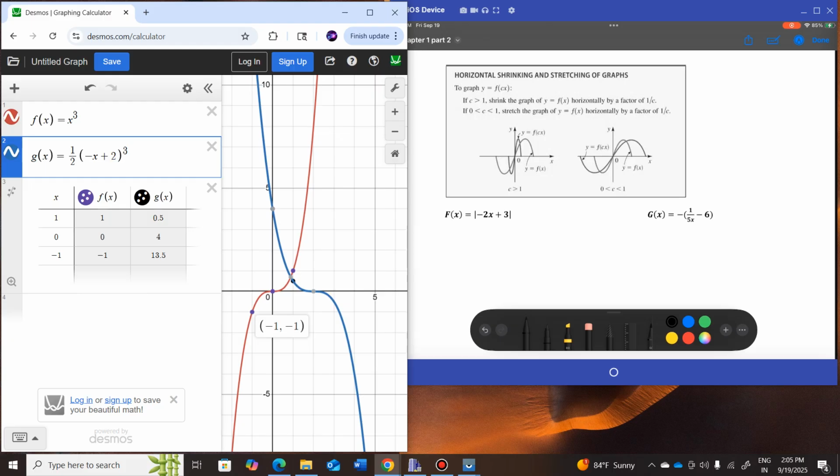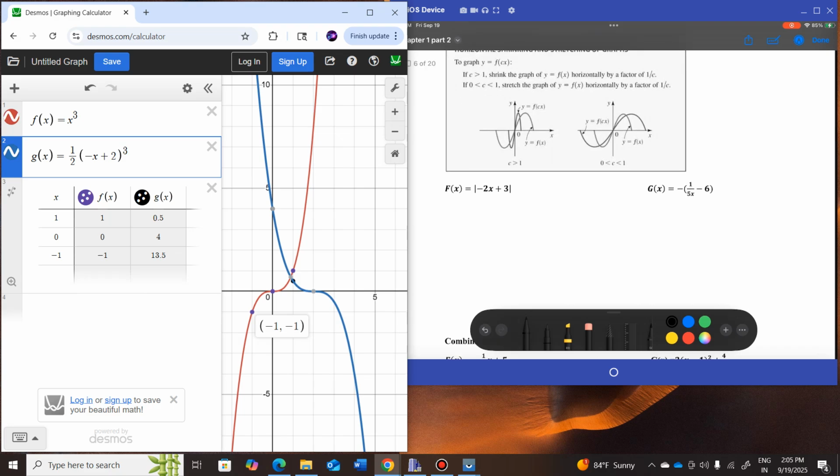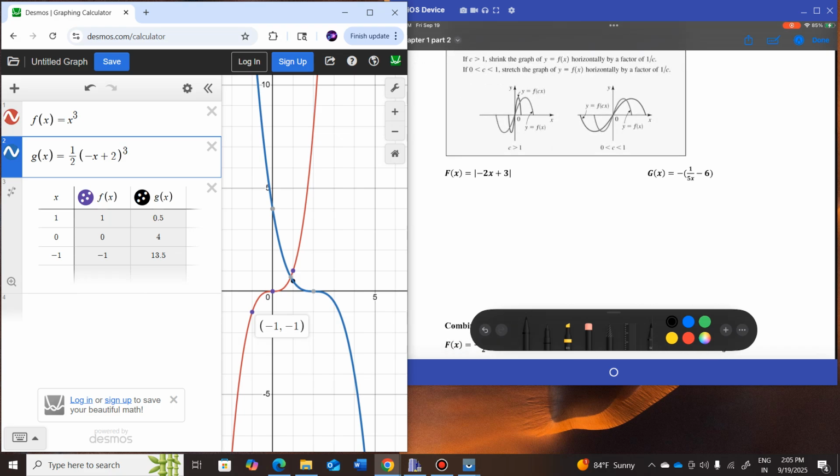Okay, now this g of x equals -1/5 x minus 6, that's going to be slightly interesting, so we're going to look at that directly. We're going to start with the first one. So this is the absolute value of x being multiplied by 2.